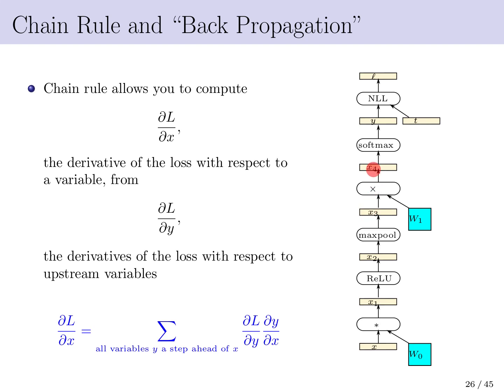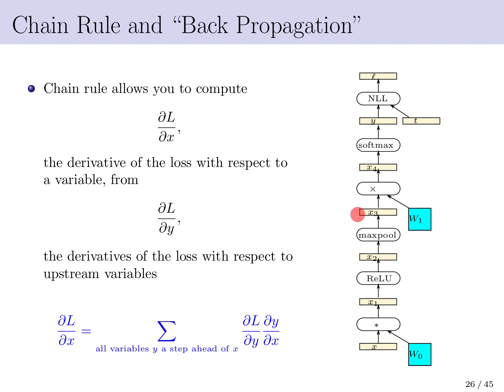By the way, if you have the derivative of L with respect to x4, then you should be able to get the derivative of L with respect to this W1, which is the part of what you exactly want.